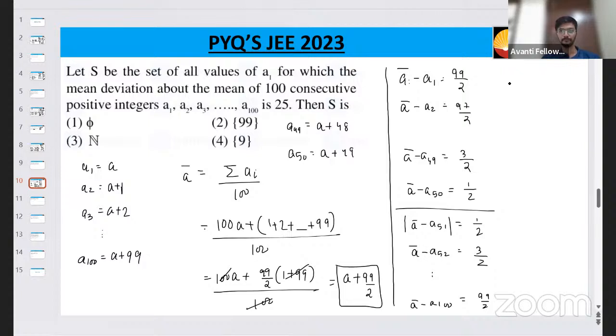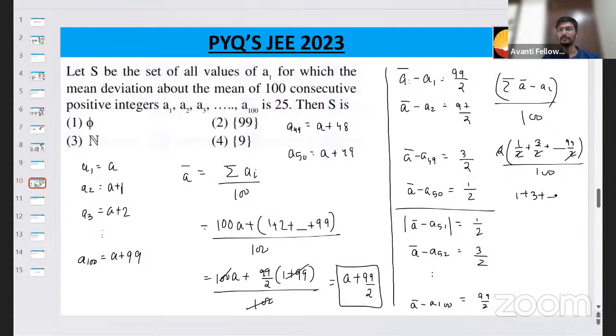That means summation of A bar minus ai, we want to find this, the mean deviation upon 100, right? The mean deviation about mean. So this will be 2 times half plus 3 by 2 up to 99 by 2 upon 100. We can cancel out these 2's. So we'll get 1 plus 3 plus up to 99 upon 100.